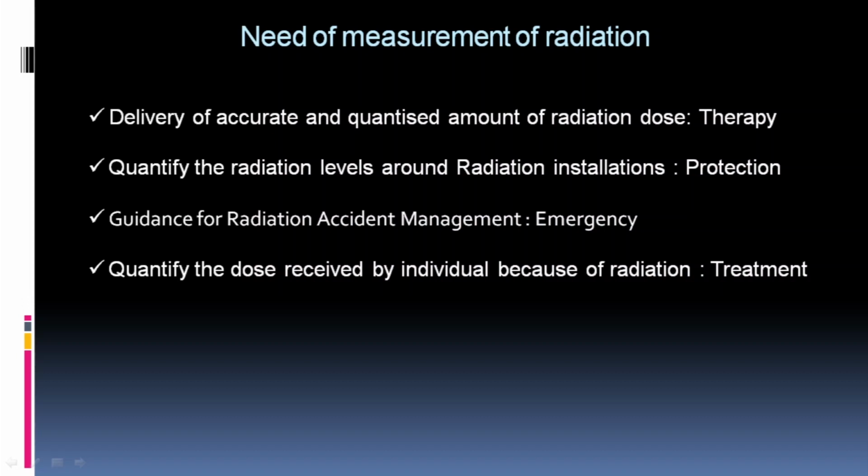So, there is a need for guidance in radiation accidents and to manage the emergency. Again, we need to measure the radiation to quantify the dose received by individuals because of a radiation accident, for the management, treatment or rehabilitation of the exposed personnel.